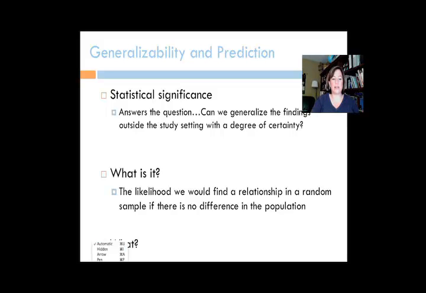It's a probability. Statistical significance is a probability or a likelihood. It is the likelihood we would find a relationship in a random sample if there is no relationship or no difference in the population. What? What does that mean?